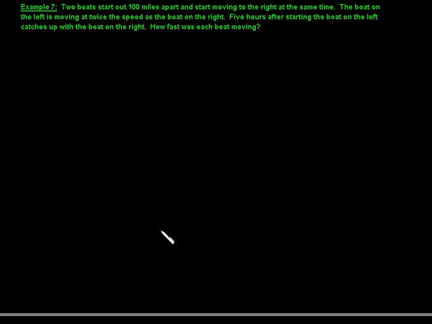So let's draw a picture to see how it is. Here is boat A, and it starts going in this direction. Then there's another boat, boat B, which is 100 miles away from boat A. So let's say boat B is here. So this distance from here to here is 100 miles.